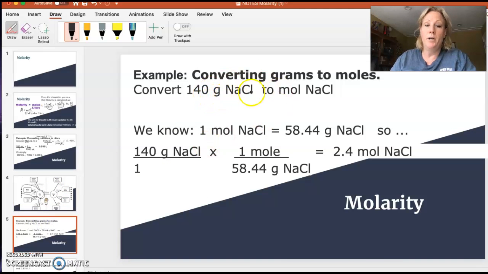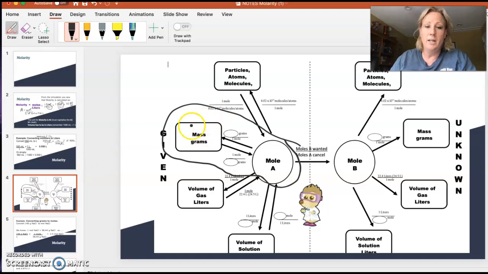If I had 140 grams of sodium chloride and I wanted to go to moles. So I'm starting here at 140 grams and I want to go to mole. So I'm going to want to use this conversion where I have 1 mole over, and then I want to get the molar mass. If you remember, molar mass is those average atomic mass numbers.